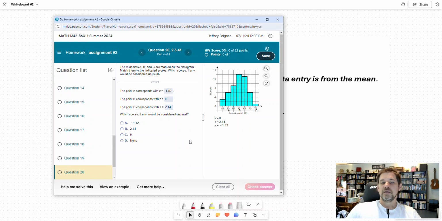Next, based on the z-scores, are any considered unusual?